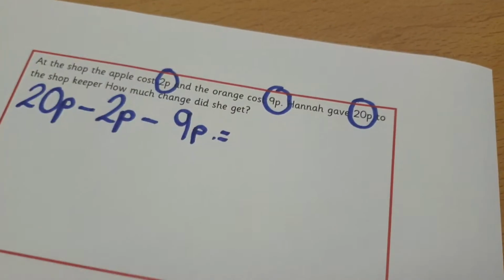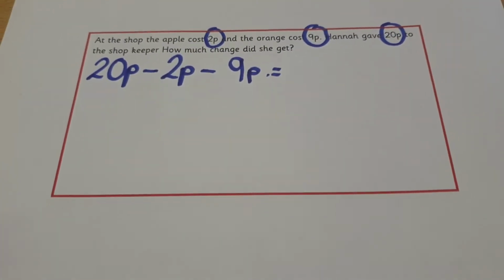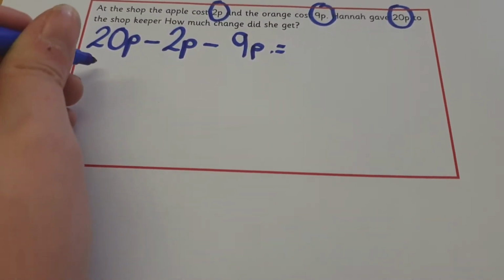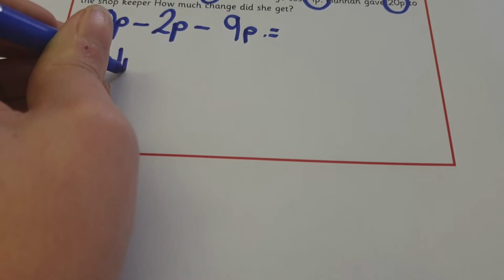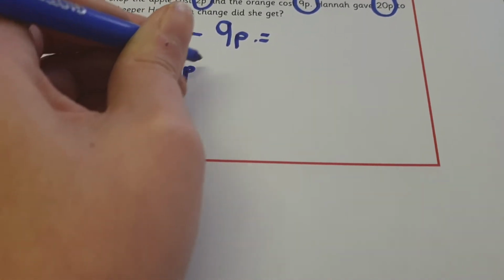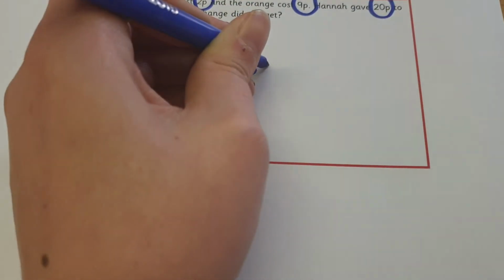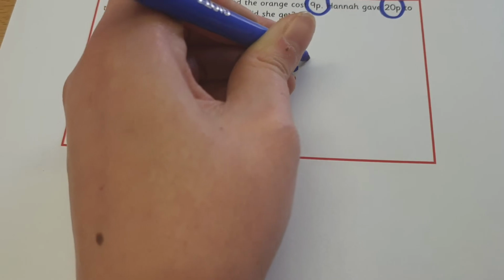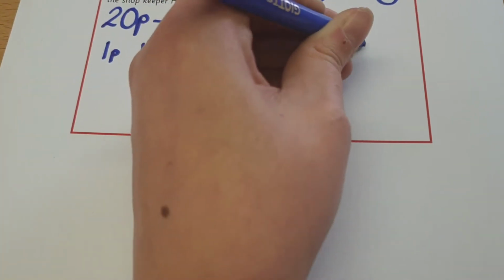So, how could I solve this? Well done. I'm going to do the same as what I did for 10p, but this time I'm going to draw 20 1p's. So 1p, 2p, 3p, 4p, 5p, 6p, 7p, 8p, 9p, 10p.